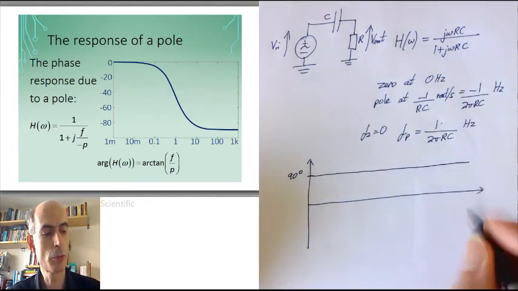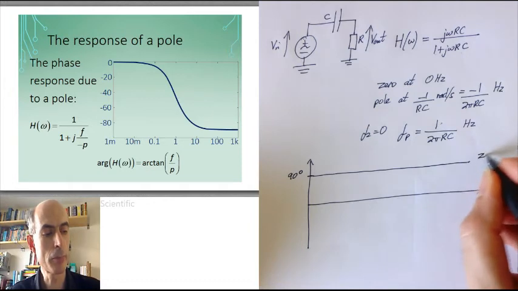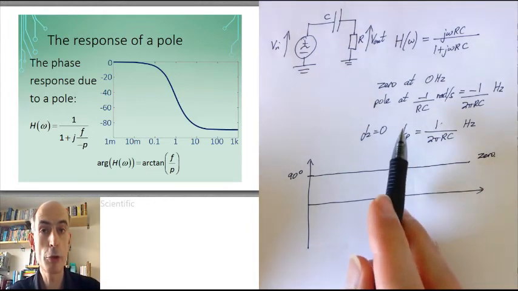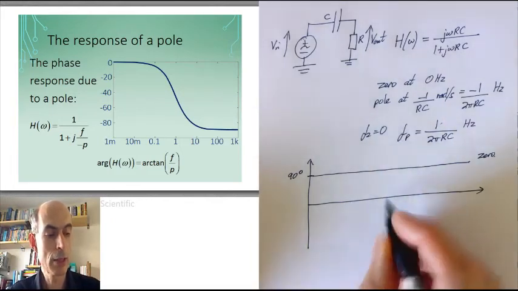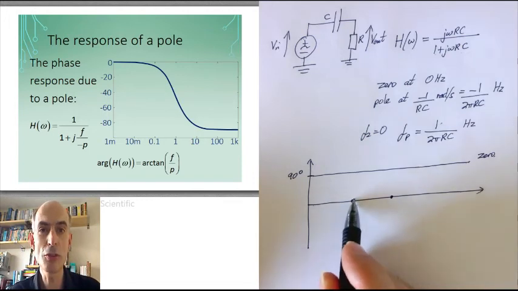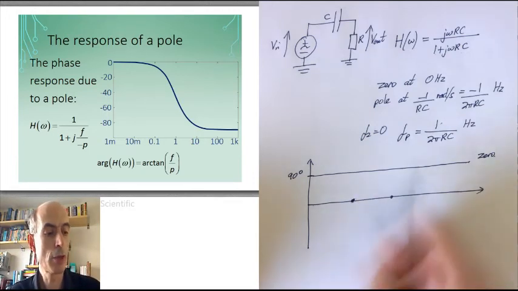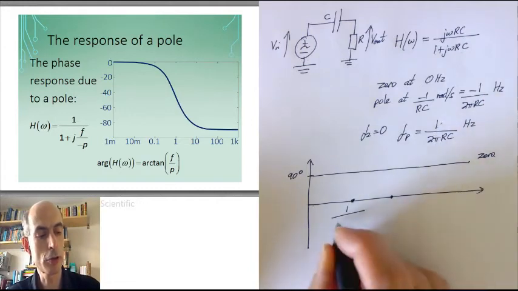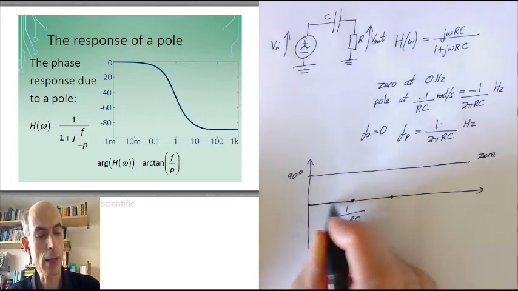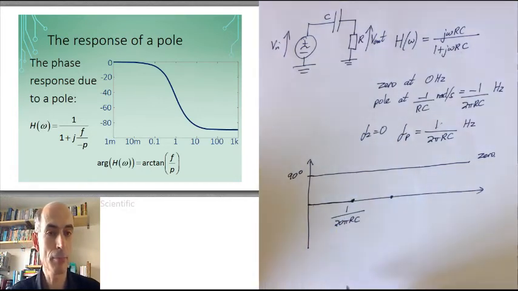So that would be the contribution of the zero. The contribution of the pole, if we're using the Bode approximation, is we assume it has no effect at all up to 1/10 of the break frequency of the pole, which means up to 1 over 20 pi RC. The pole has no effect on the phase at all.